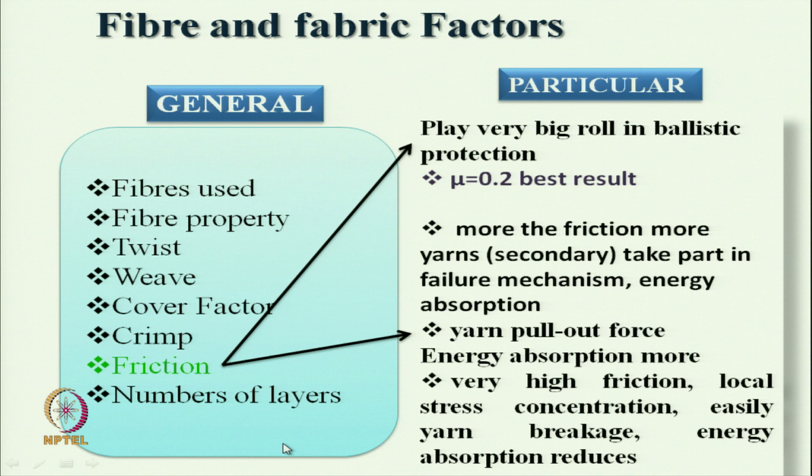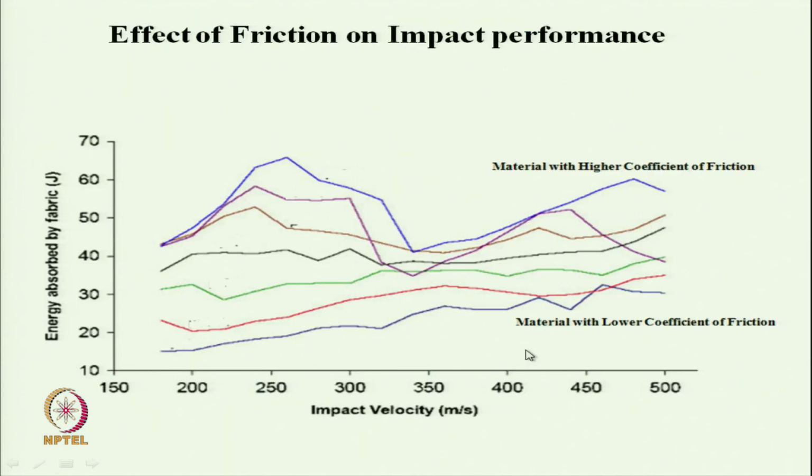And the last one is the number of layers. As we increase the number of layers, the energy absorption becomes high. Here it is the impact of friction. This is the yarn with higher friction, the energy absorption, and this is the yarn with lower friction.